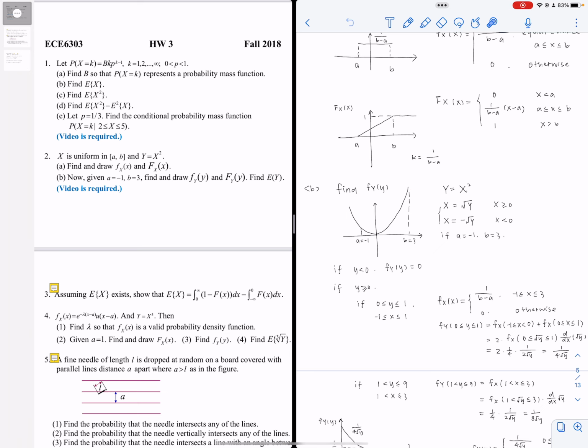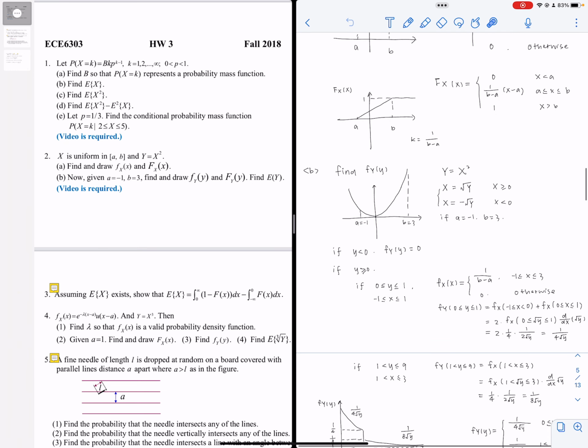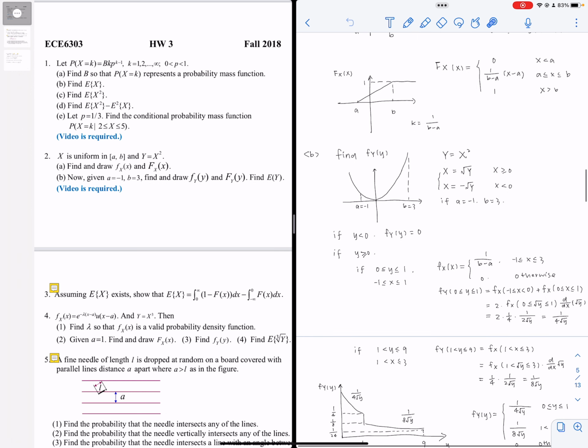This is the graph, and the y-axis is here, and x-axis is here. So if y is less than 0, then the probability density function is 0, because y cannot be below 0.